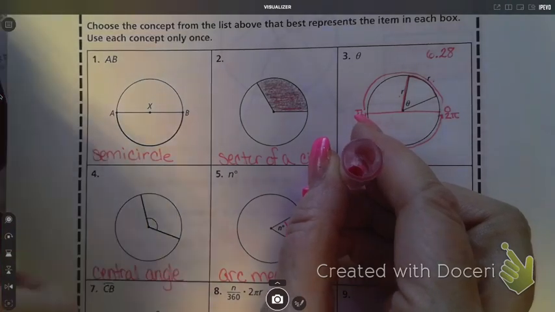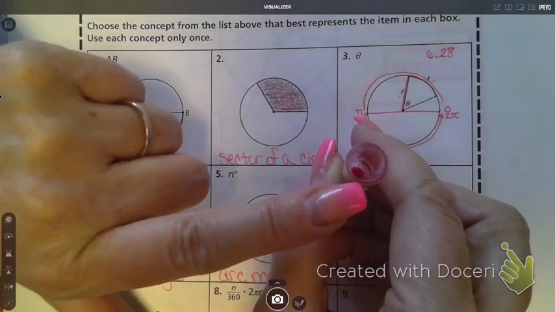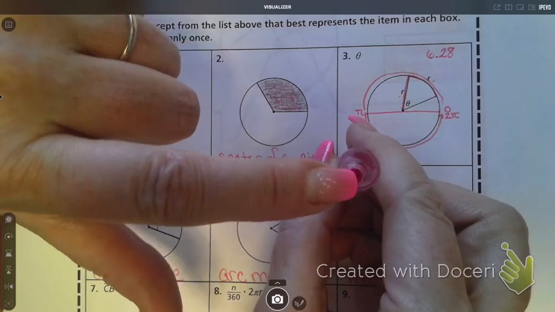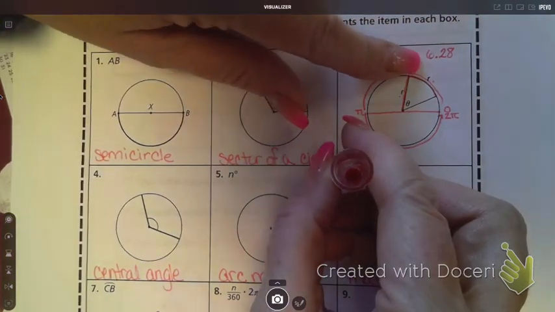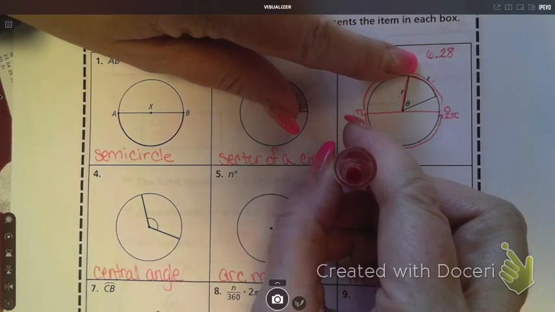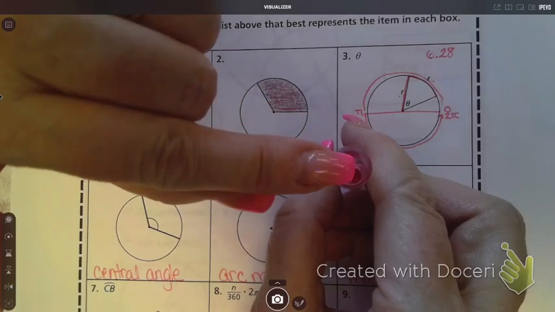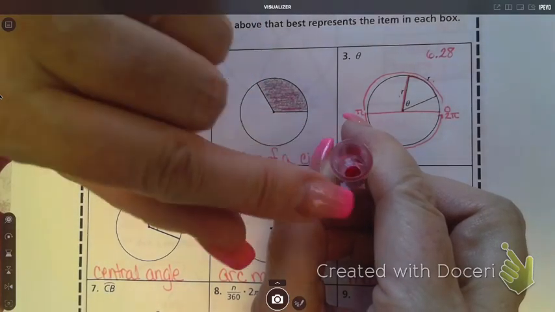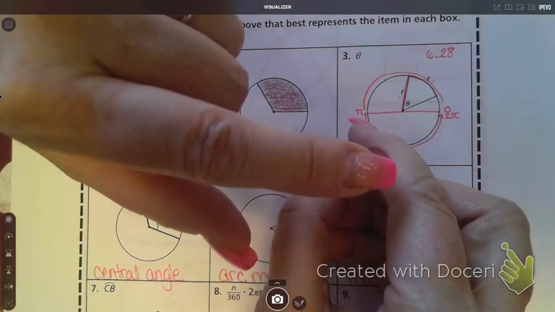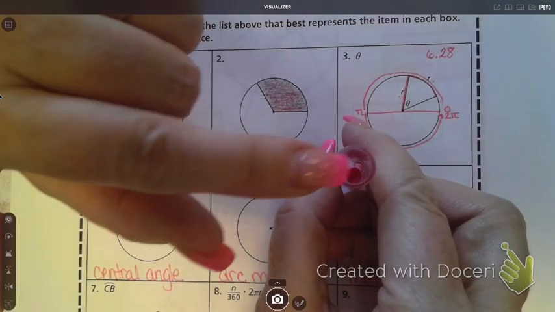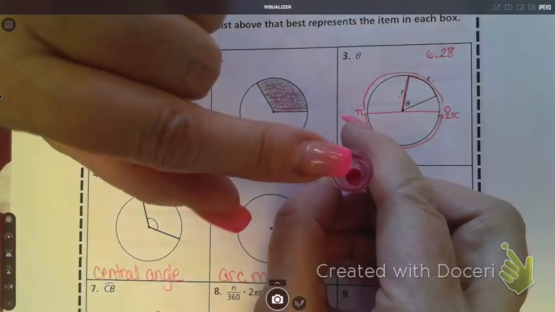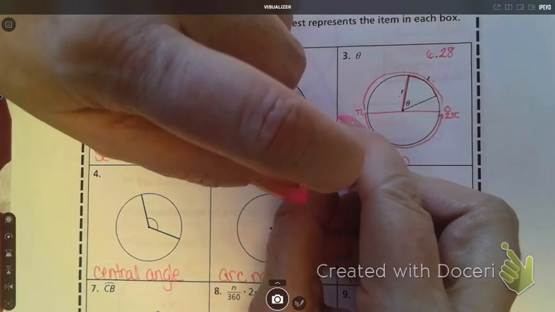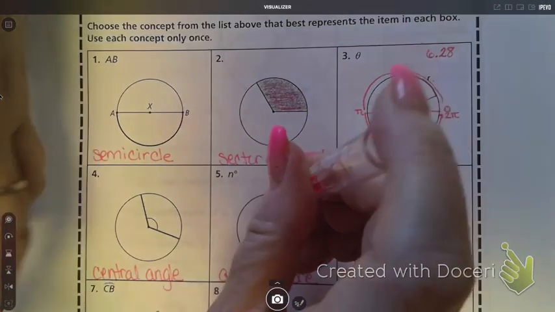Any circle, no matter how big or small the circle is, 1 radian is approximately the same proportion on every circle. So you'd have 6.28 radius, so 6 and almost a third radius you'd cut out of the circumference. Isn't that kind of neat? I always thought that was weird that this little circle and that big circle have almost exactly the same number of radians just because your radius changes sizes, right?